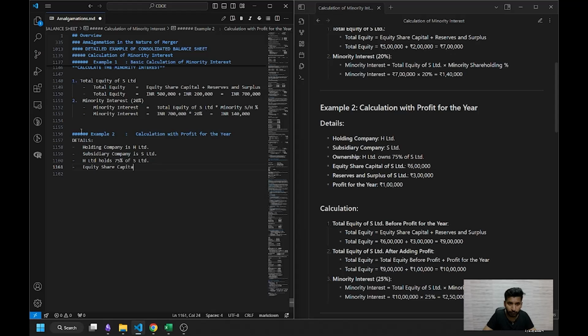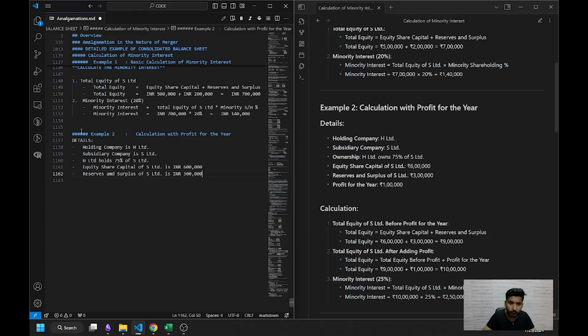Equity share capital of S Limited is rupees 6 lakhs, and reserves and surplus of S Limited is rupees 3 lakhs.